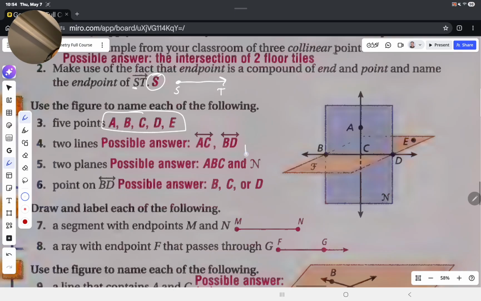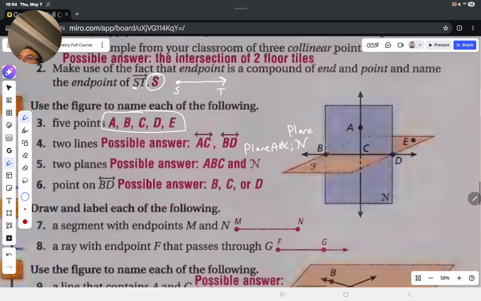So maybe we'd want to write plane next to that. Plane ABC, or plane with the fancy script here, N. This is going to be plane N as well.